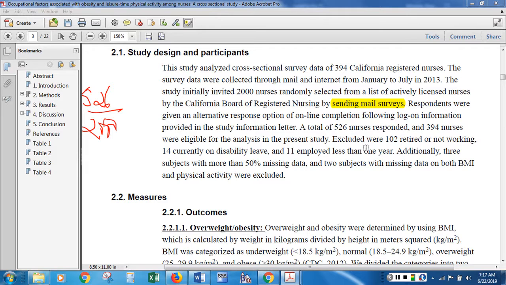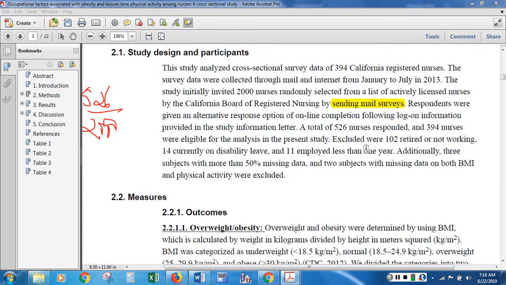The flip side of this is that mail surveys, the fact that they were combining two data collection techniques could be pointed out to be a problem because it's inconsistent, right? While it helps people complete the data, online surveys, depending on whether the survey was designed well, may present differently than mail surveys.